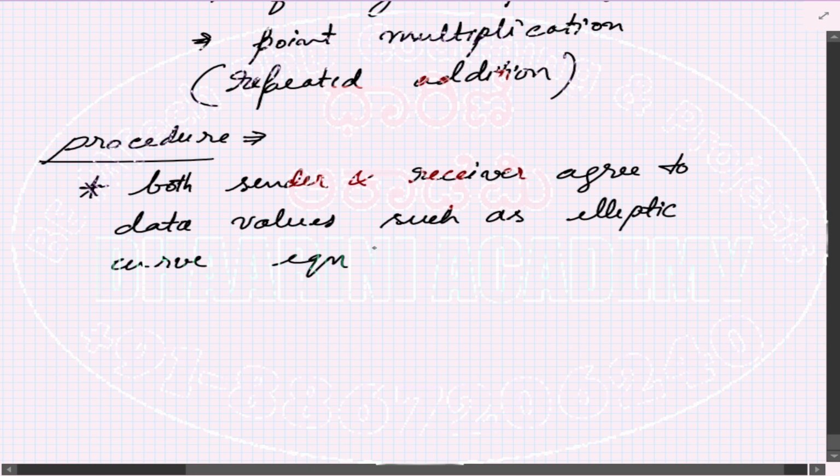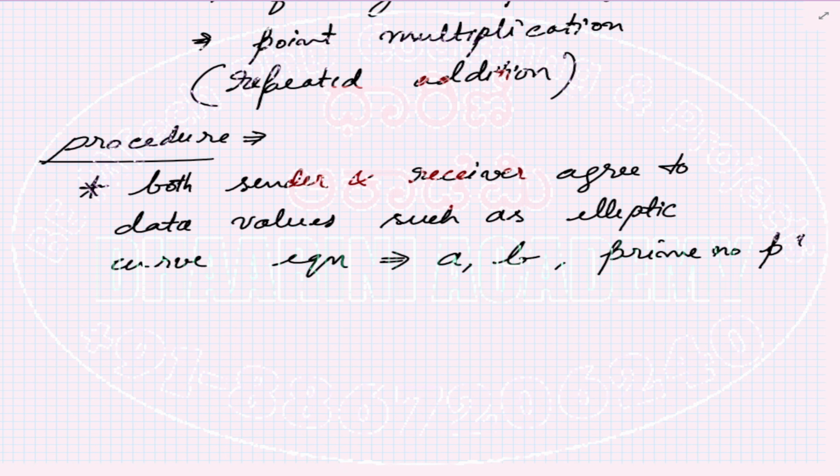There is an agreement between them, in the sense you define what A value you are going to use, what B value you are going to use, and we require a prime number. So what prime number P are you going to use? Initially you both have to agree. Only the sender and receiver should be aware of this.